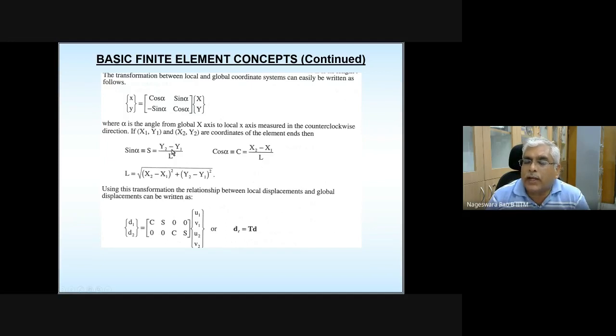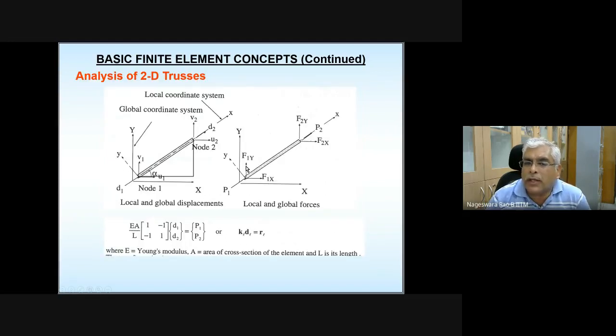So when you write y1, y2, you should be careful which node you define as 1 and which node as 2. If you define this as node 2 and this as node 1, then your local x-axis is going to go in the opposite direction.